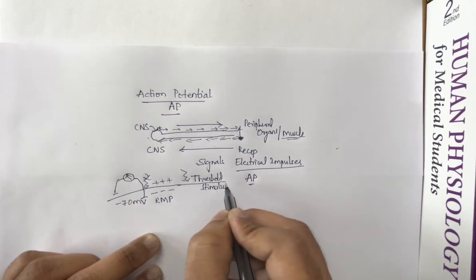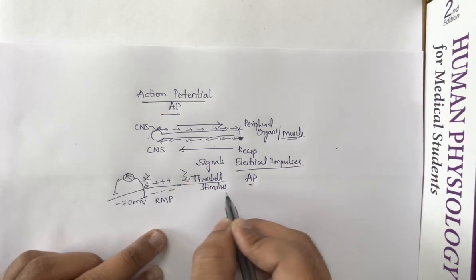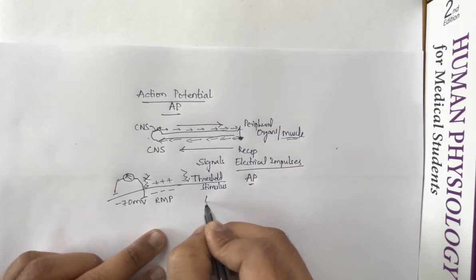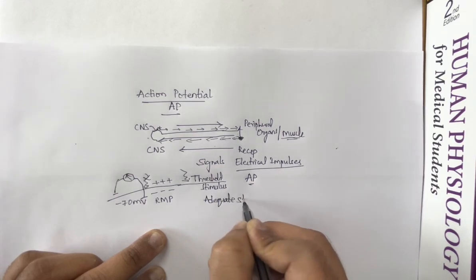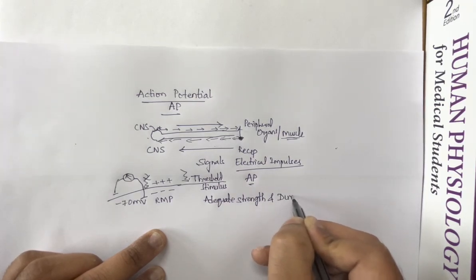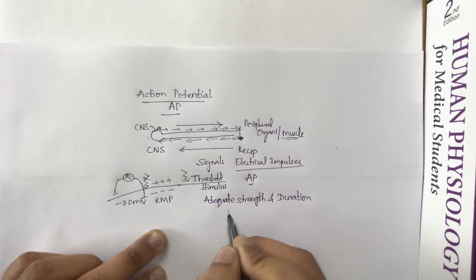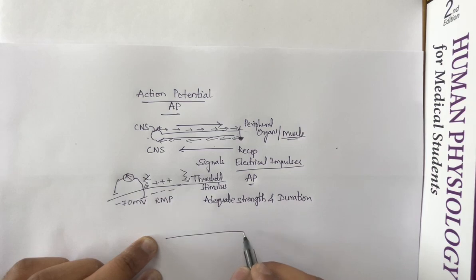When the membrane is stimulated with a threshold stimulus, that means the threshold stimulus should be of an adequate strength and adequate duration. So when this threshold stimulus is applied to the cell membrane, permeability for sodium ions increases. So a lot of sodium ions start entering into the cell, bringing the positive charge into the cell.